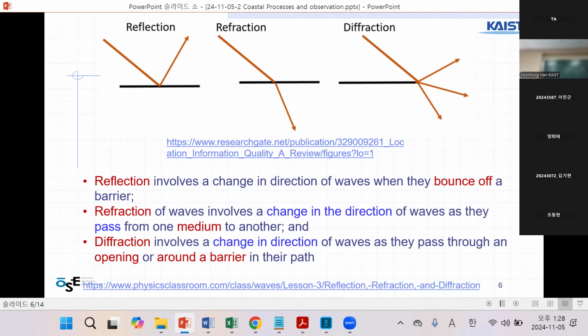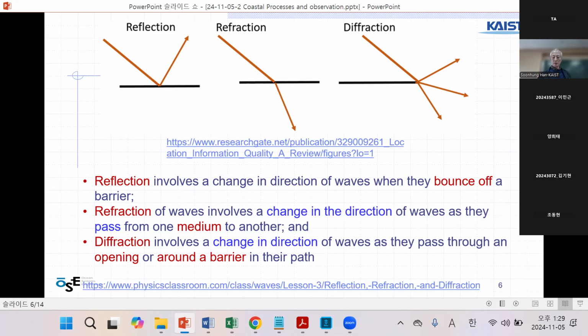And diffraction involves also change of direction. This one is also change of direction, all change of direction, but in different ways. So they pass through an opening or around the barrier. This one is around the barrier, right? Around the barrier, so that they have a different characteristic of spreading out.